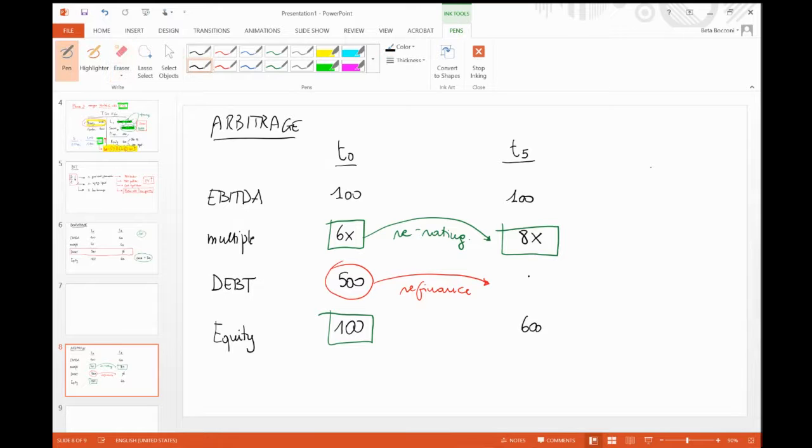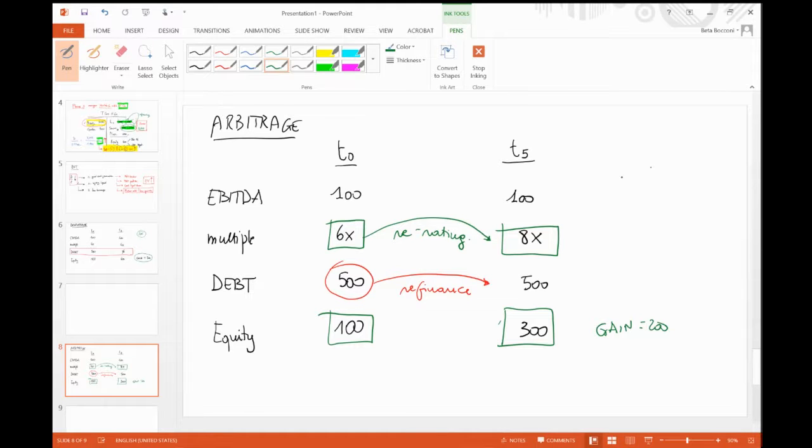And so, look carefully, I'm not changing the leverage, but you can imagine that in this case, with a company whose EBITDA is 100, with a multiple of 8 and debt of 500, how much will be the equity value at exit for this company? The exit value, as you can easily calculate, is 800 minus 500 refinance debt is 300. And again, you have a gain. And this gain is an amount, 200.